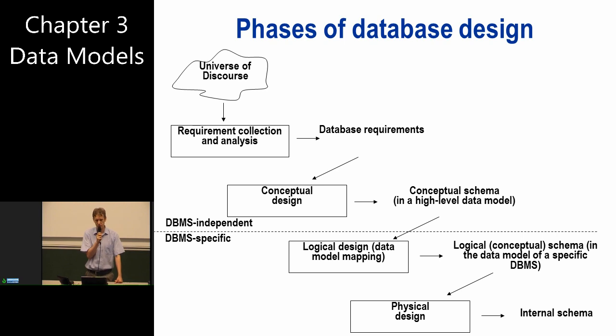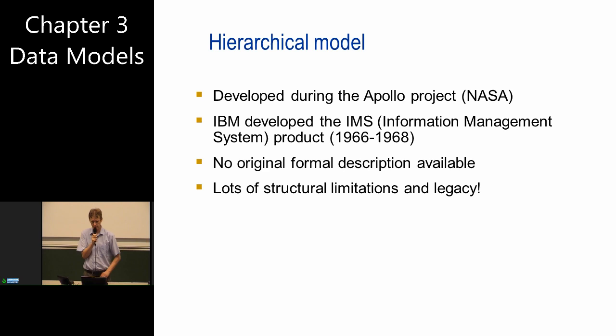Very important to remember is that you start off with a conceptual design, which is DBMS independent, and then you get closer and closer to the actual implementation by mapping the conceptual design to a logical design, and then finally to a physical design.